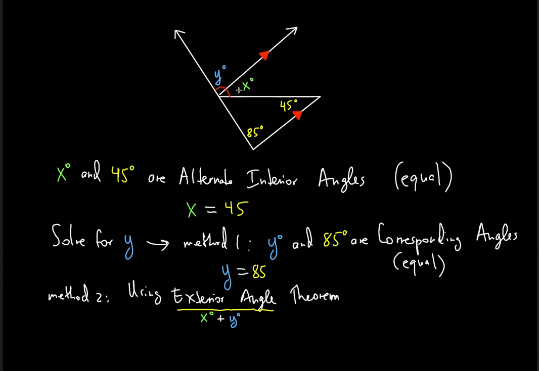However, the exterior angle is outside of this triangle. That's why it's exterior. So the theorem says that this entire exterior angle measures the same as the sum of the two non-adjacent interior angles.